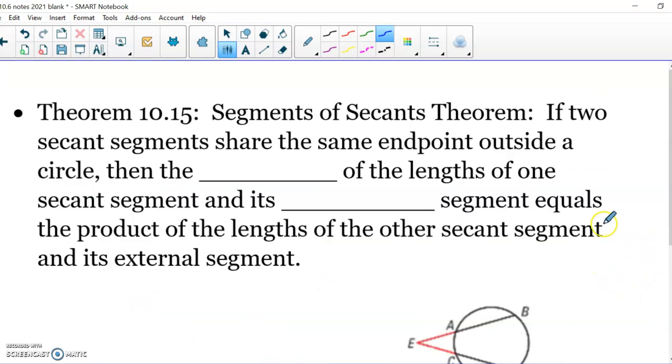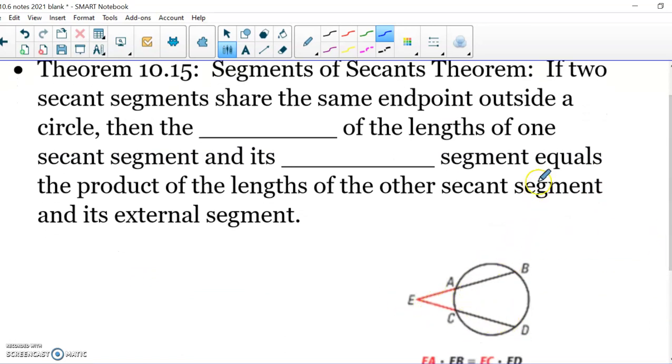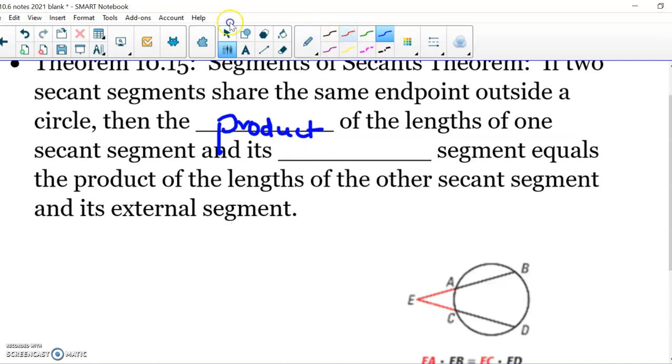All right. If 2 secant segments share the same endpoint outside of a circle, then the product of the lengths of one secant segment and its exterior segment equals the product of the length of the other secant segment and its exterior segment.